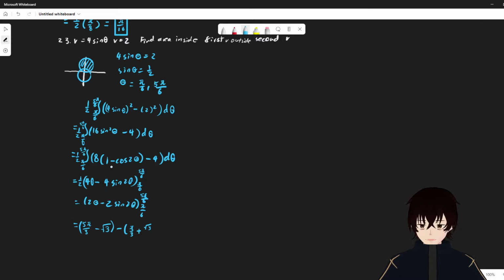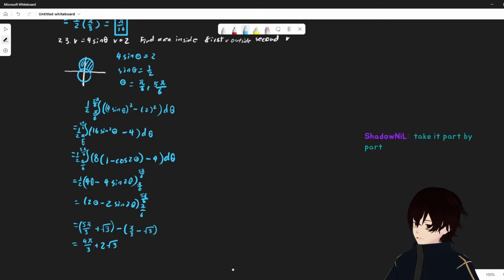Root 3 over 3. No, root 3 over 2, but we multiply by 2. So root 3 equals 4 pi over... Wait, no, that's negative, so that's positive. 4 pi over 3 plus 2 root 3. Is that right? There we go.